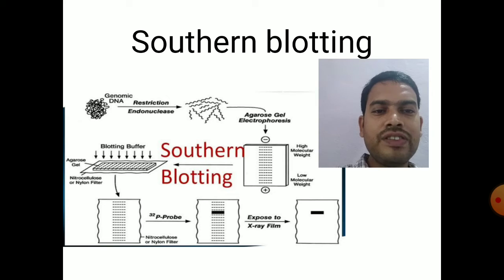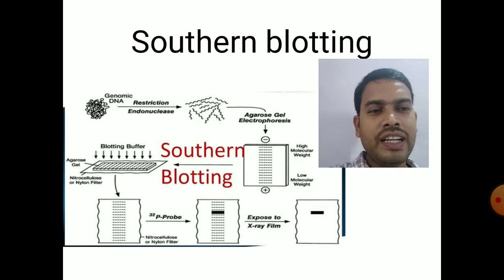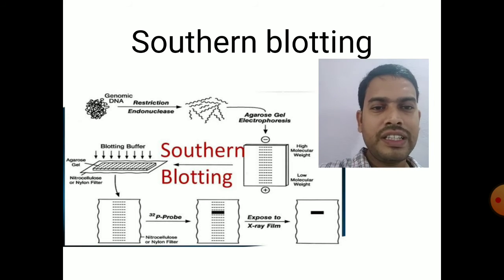For the transfer of the bands from agarose gel to nitrocellulose paper, in general, electroblotting is used, where the gel is stacked in between the nitrocellulose paper and electric mobility along with an alkali is used for the transfer of bands from the gel to the nitrocellulose membrane.